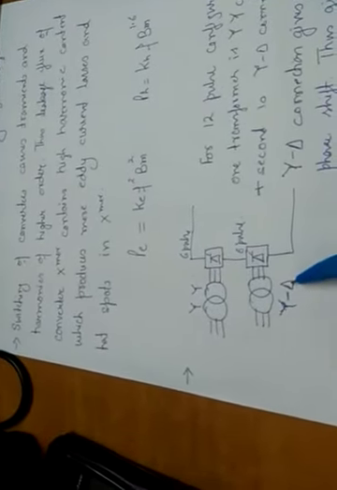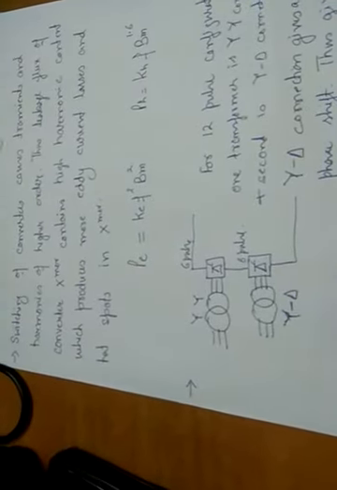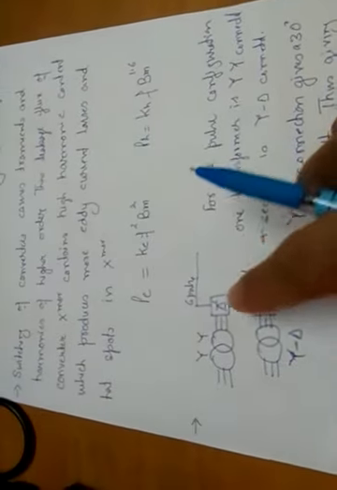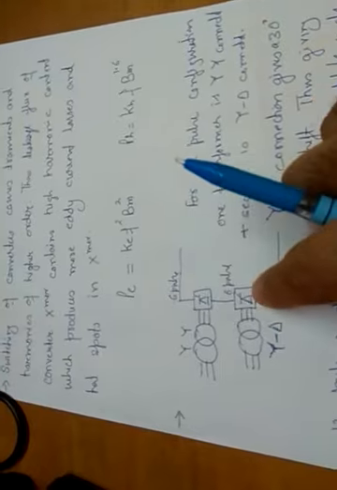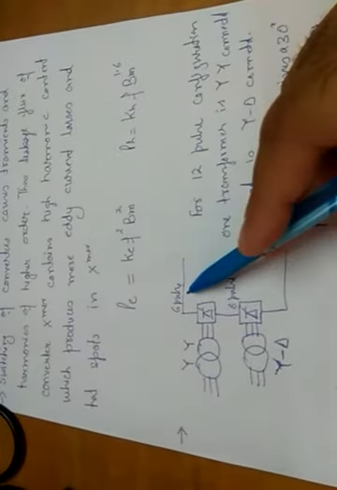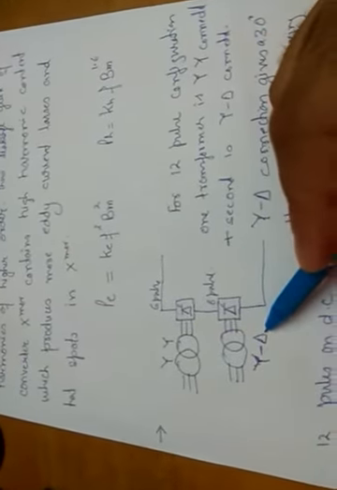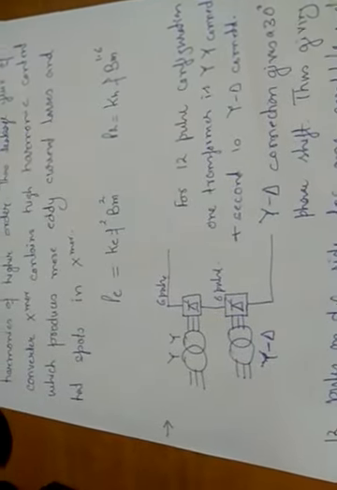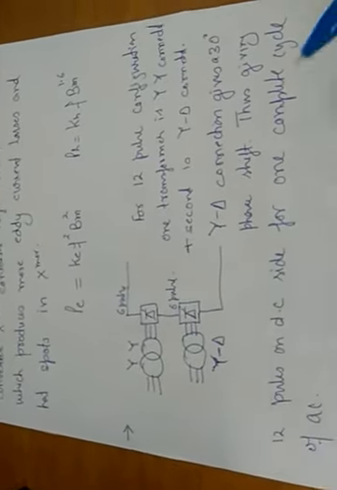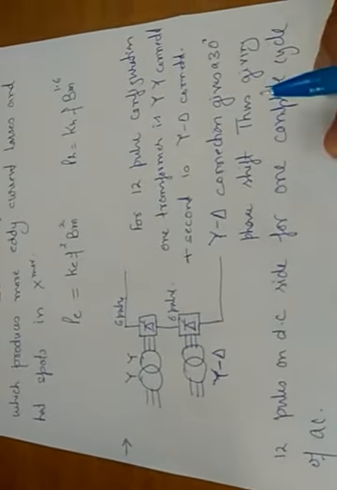The star delta connection gives a 30-degree phase shift, so the pulses from one will be 30 degrees apart from the pulses from the other, and in total we get 12 pulses. Therefore, there are 12 pulses on the DC side for one complete cycle of AC.